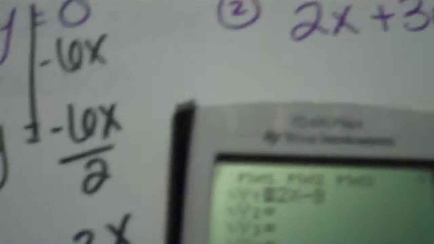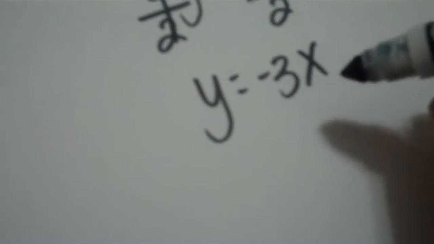So is this direct variation? Yes, because there's a slope there, but there is no y-intercept. Also, real quick, if I typed in negative 3x and graphed it, I know it's kind of hard to see in my calculator, you'll see that that line goes through the origin. So yes, it is. And another word I want you to write down is, this is the slope, but when it comes to this, they're going to give you another word.